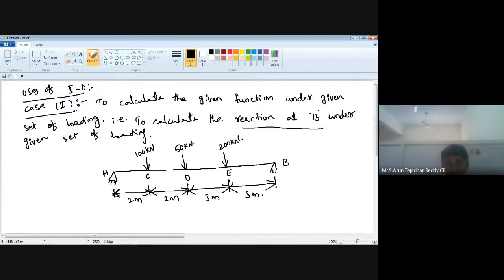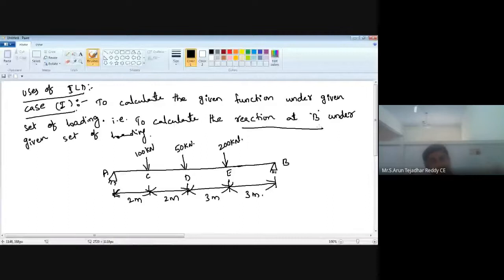Generally, for this type of case, already we know how to calculate the reaction by applying the equations of equilibrium. There we'll find the RB value, but in the influence line diagram, that is not the correct process.